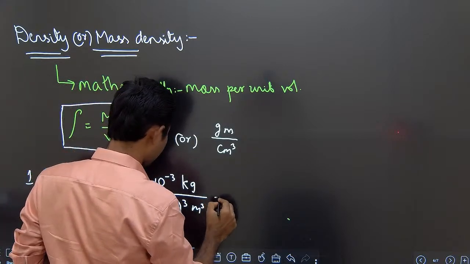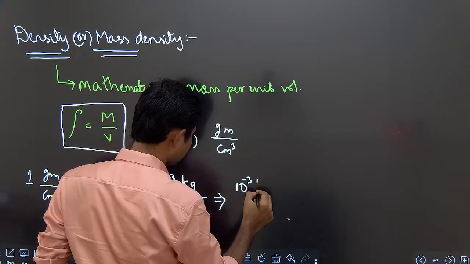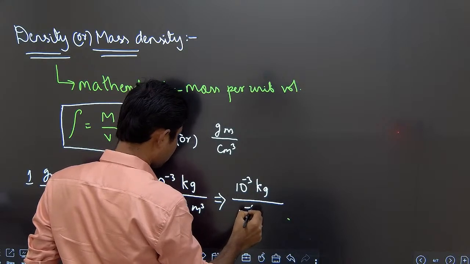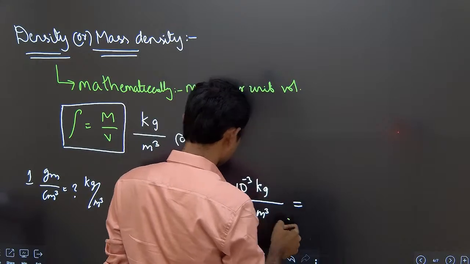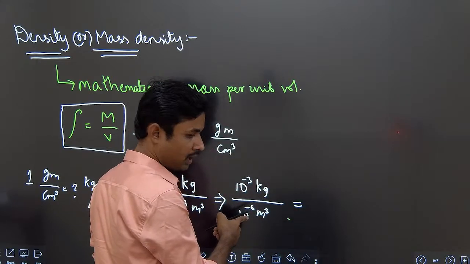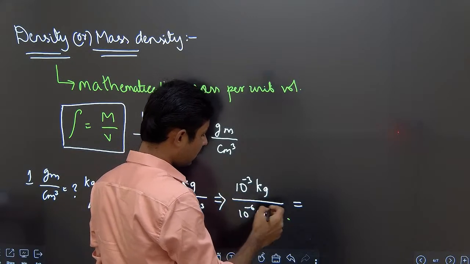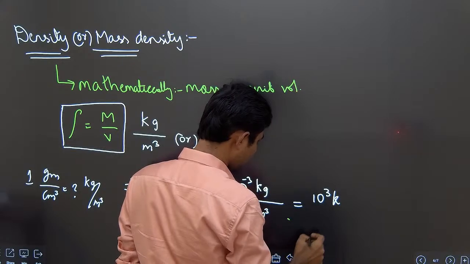If you write it here, 10 to the power of minus 3 kg by 10 to the power of minus 6 meter cube, if 10 to the power of minus 6 is moved to the numerator, then it will be 10 to the power of 3 kg per meter cube.